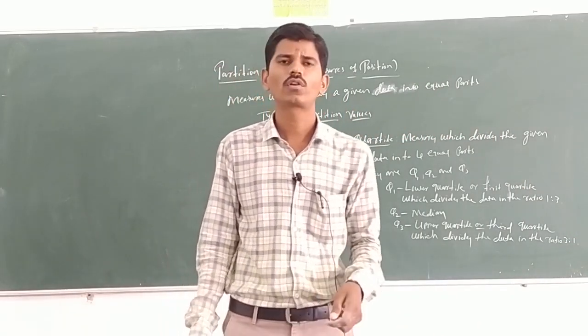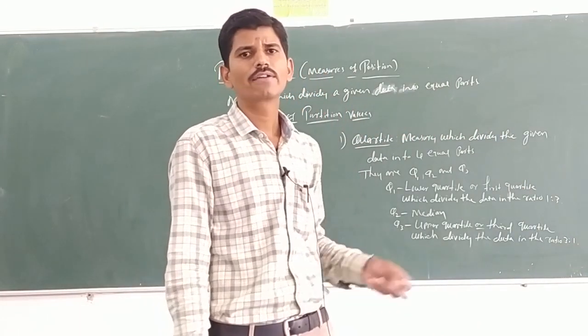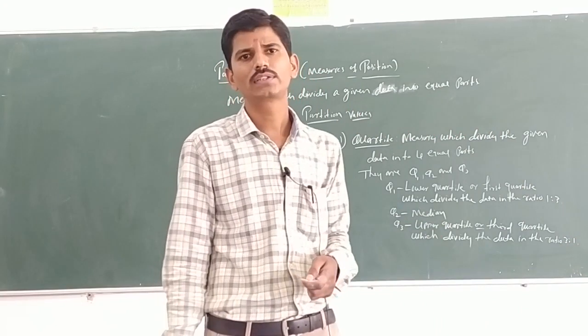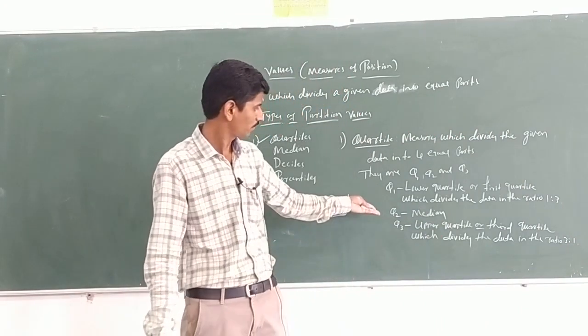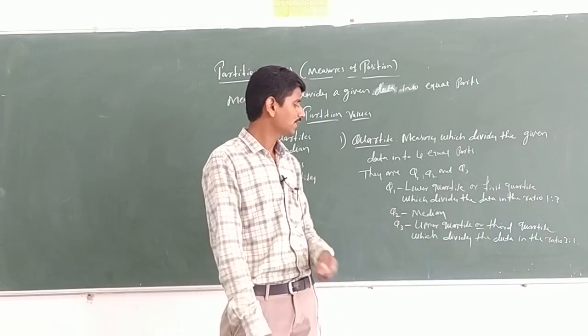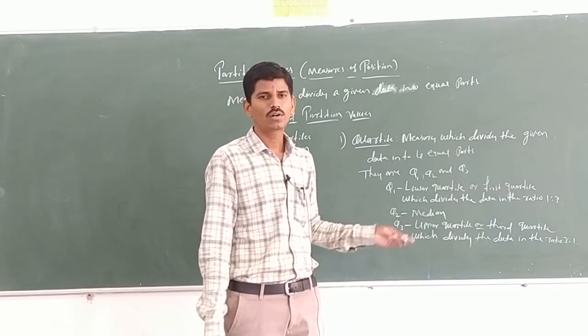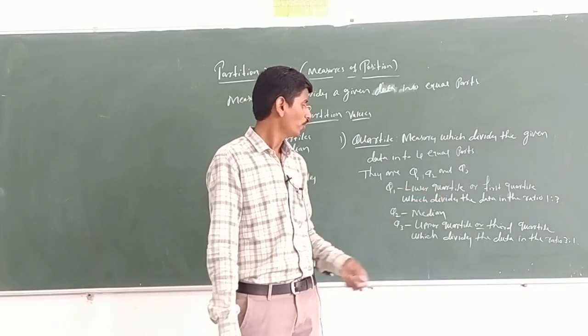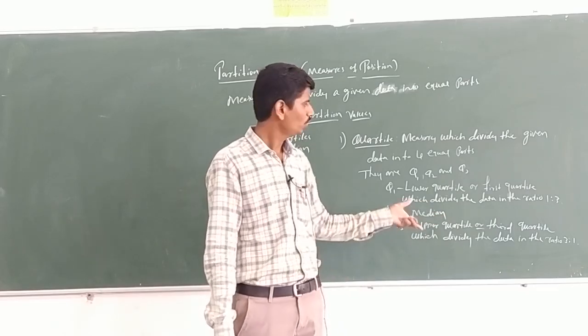Q1 is the lower quartile with ratio 1:3, Q2 is the median, and Q3 is the upper quartile with ratio 3:1.